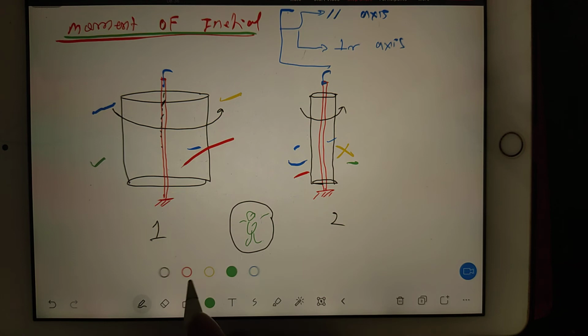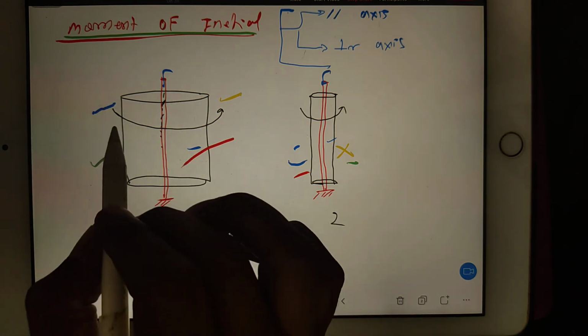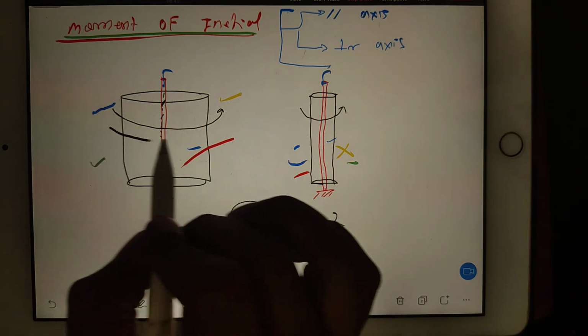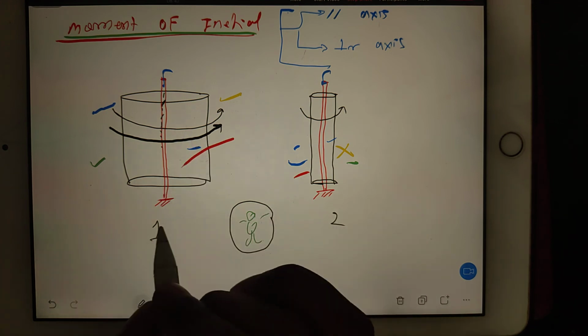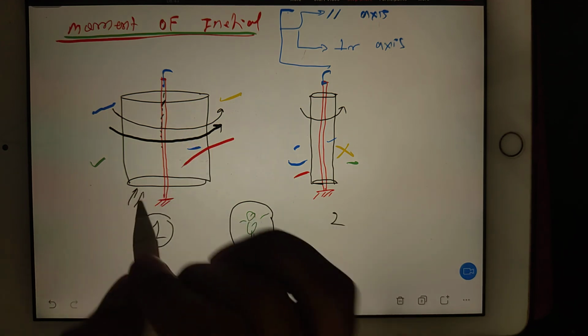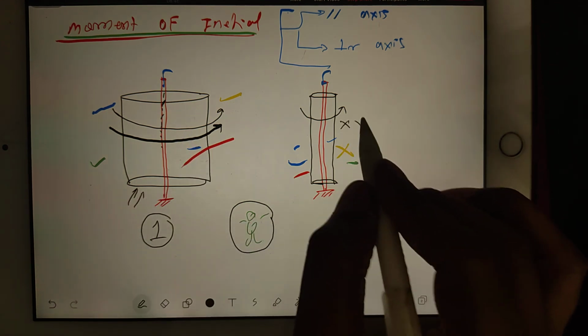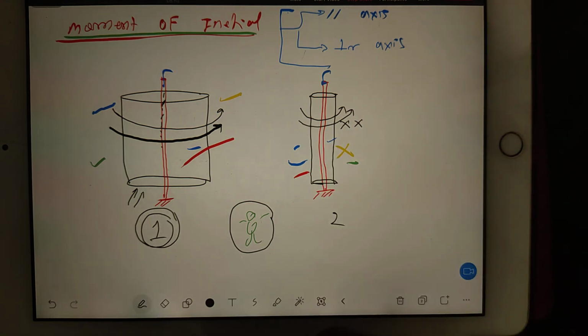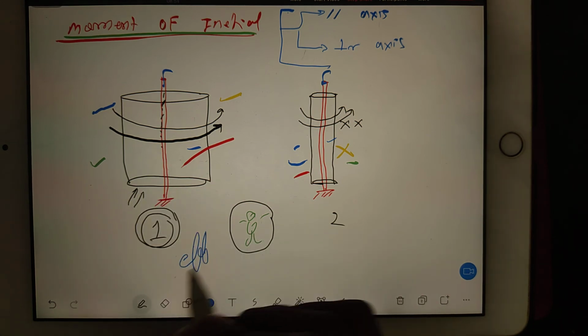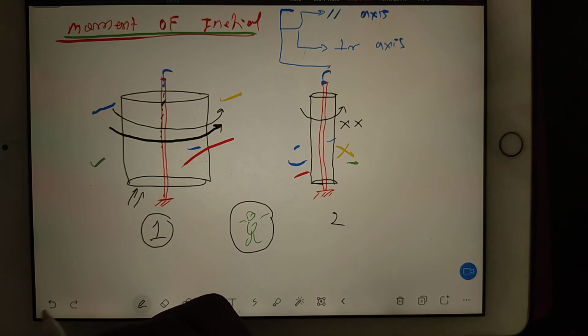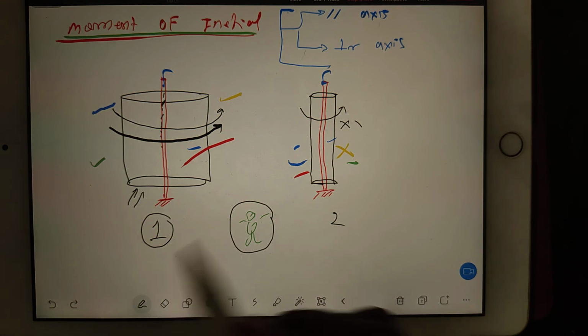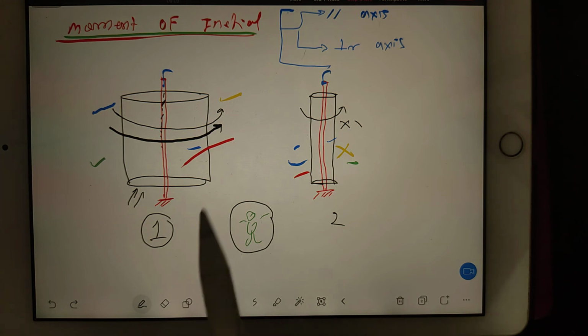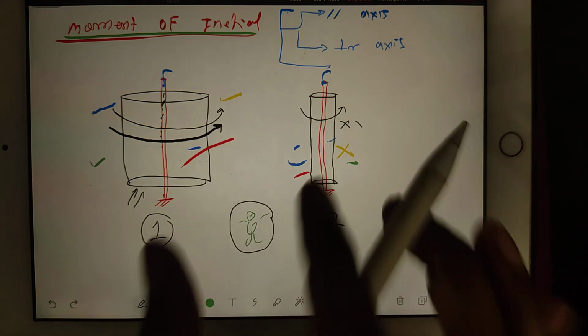Actually, if you want to produce rotation in the first case, you have to apply more effort, and here you can apply less effort to produce the rotation. So that effort I was talking about, how much effort you will apply to start the rotation or to stop the rotation, we have to define some property which will take care of that particular thing.